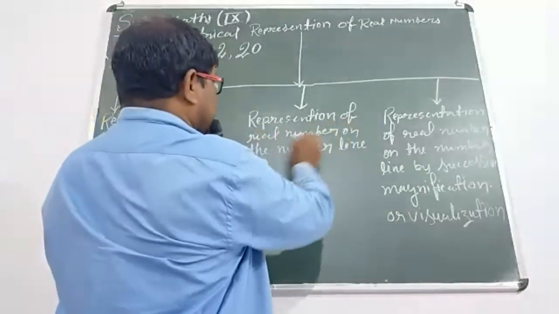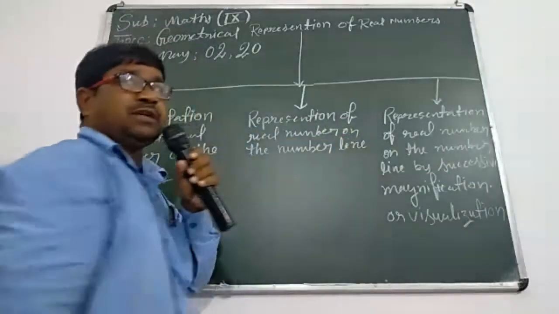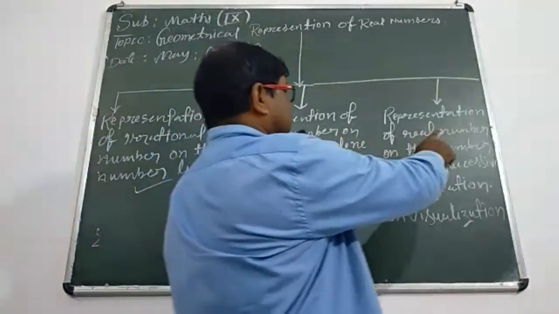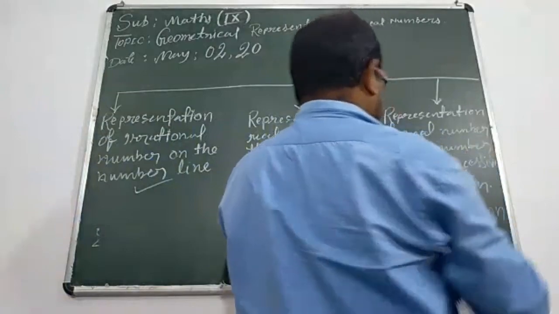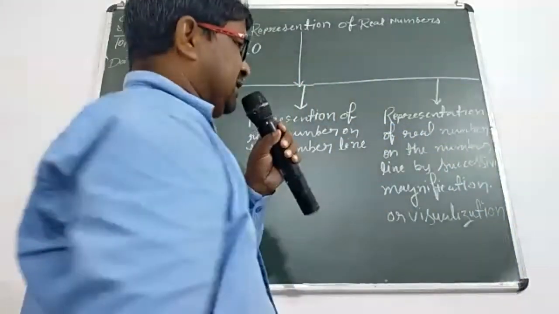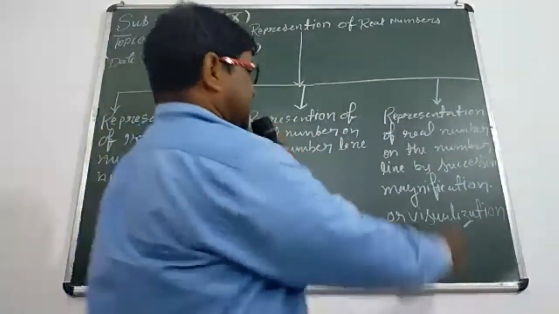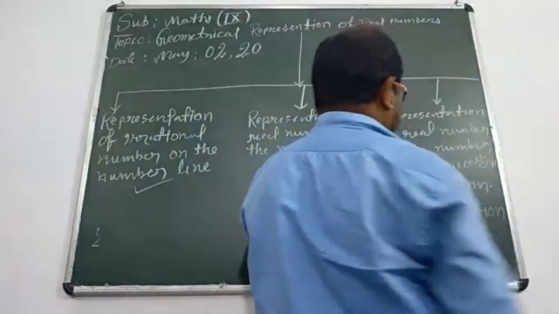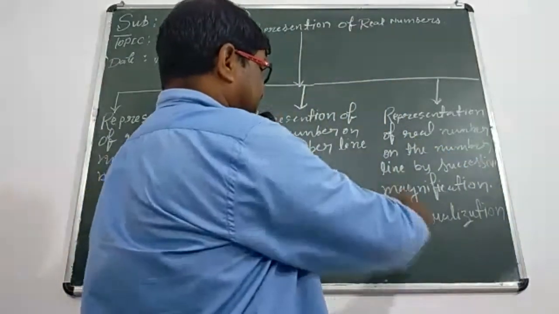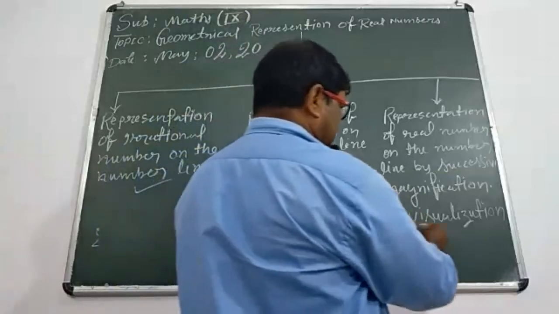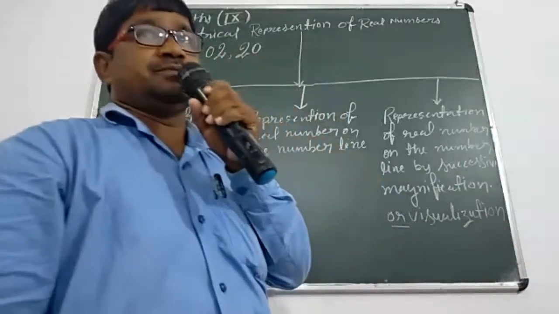Second, representation of real number on the number line. And third, representation of real number on the number line by successive magnification. Successive magnification, that is called visualization also.